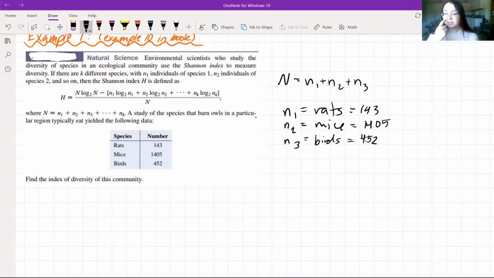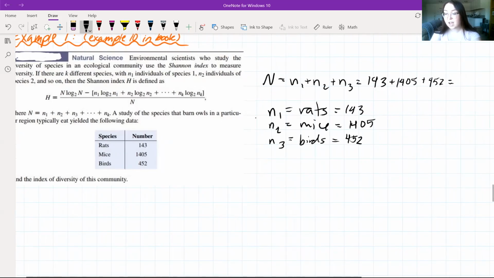and that is equal to 452. So our capital N is going to be all these values combined. Capital N is 143 plus 1,405 plus 452.